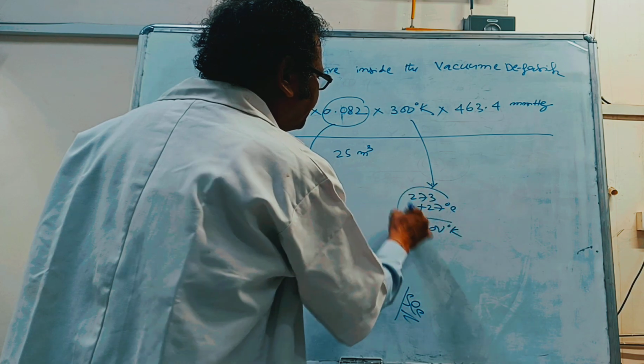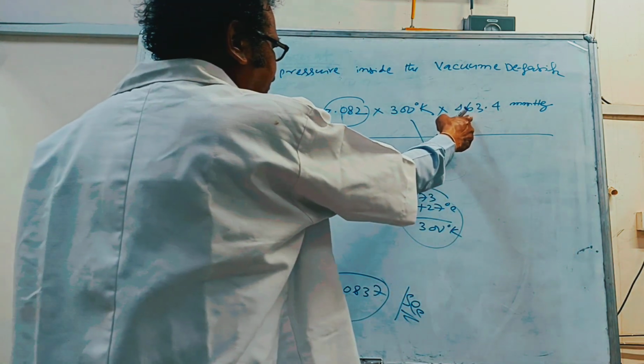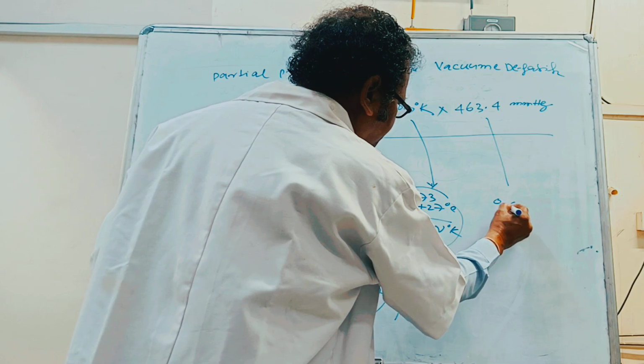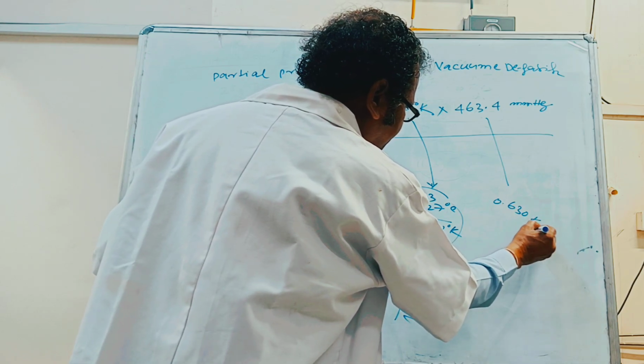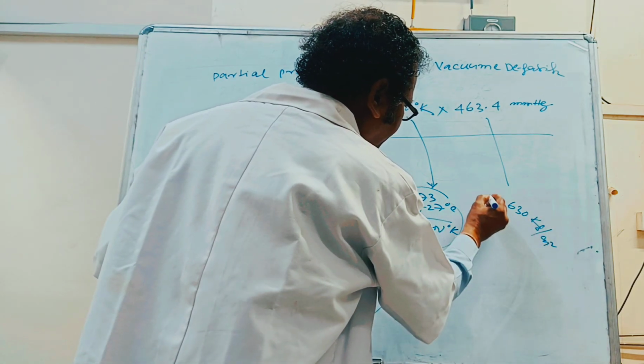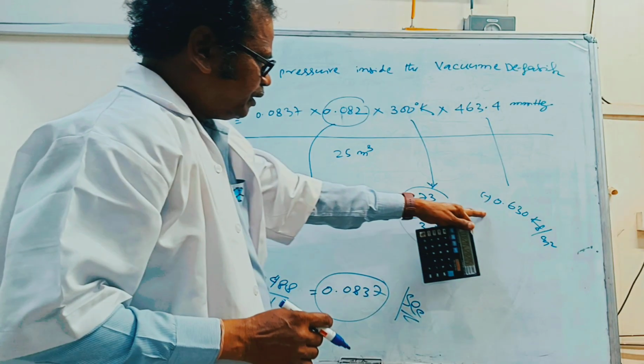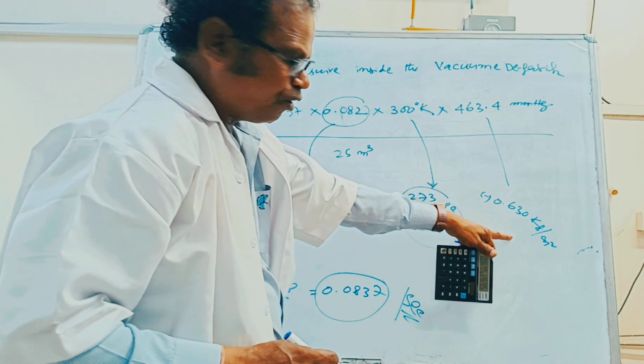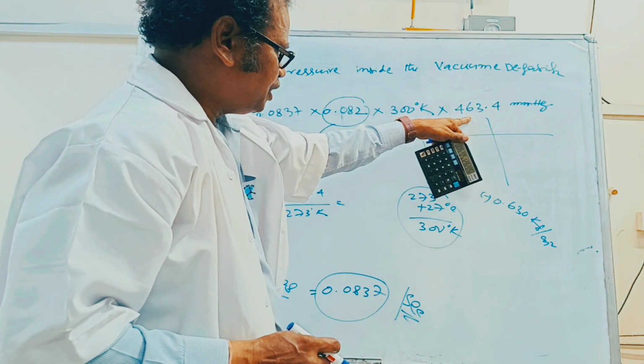And this is the value of 0.630 kg per cm square, the pressure inside our vacuum degasifier, which I converted to mm Hg.